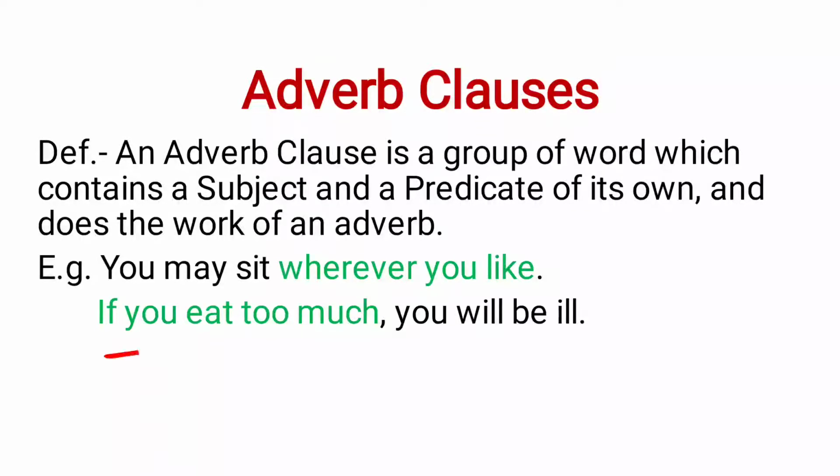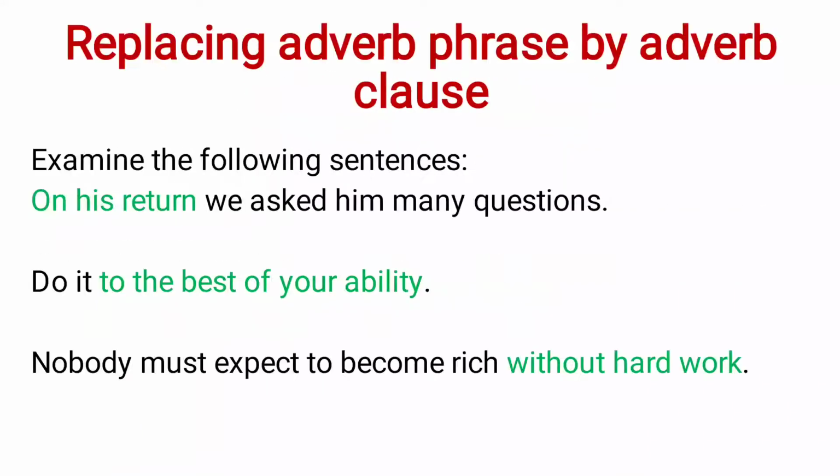Similarly, if you eat too much, you will be ill. So this group of words is playing the role of an adverb in this sentence. And as this group of words contains a subject and a verb combination, so it is an adverb clause.